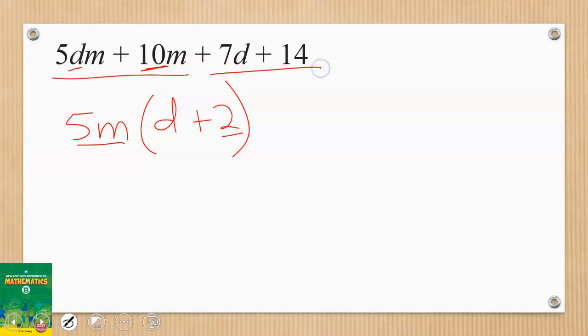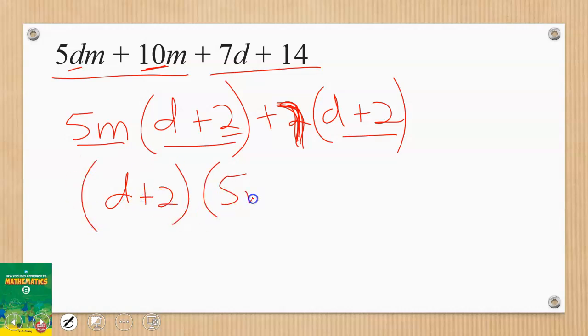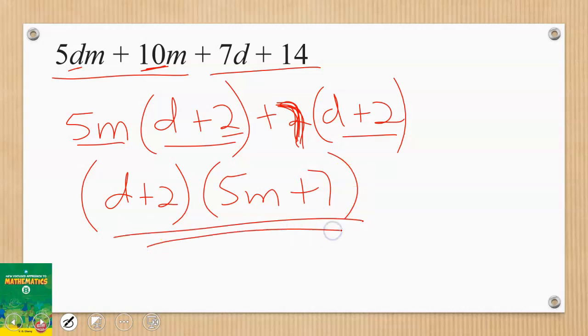On the part over here too, I can factor 7 out, and when 7 comes out, I have d plus 2 as well. And again, you see that the two terms in the bracket are the same. So when I bring d plus 2 out, I'll be left with 5m plus 7, and that becomes the factorization.